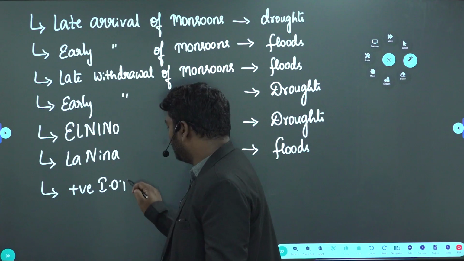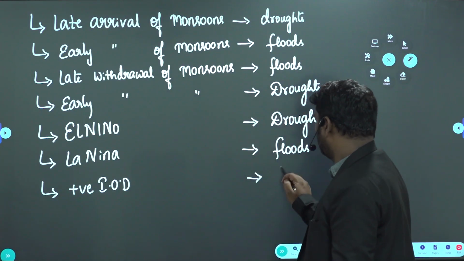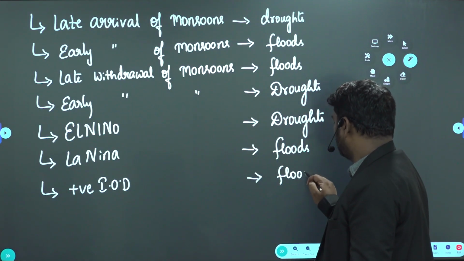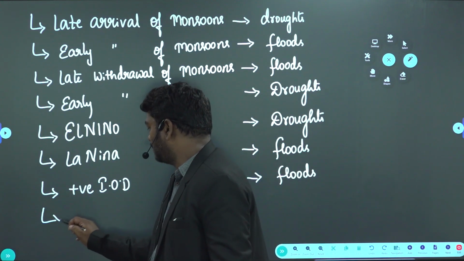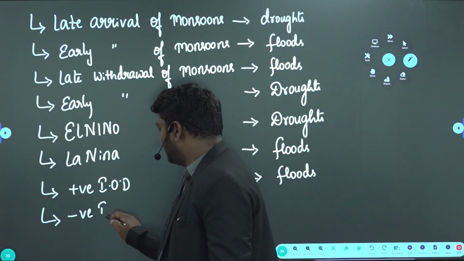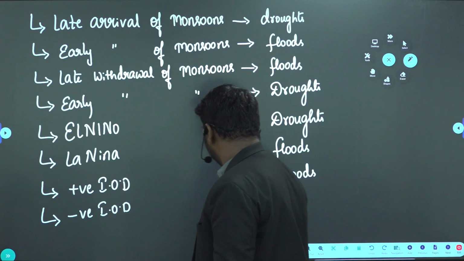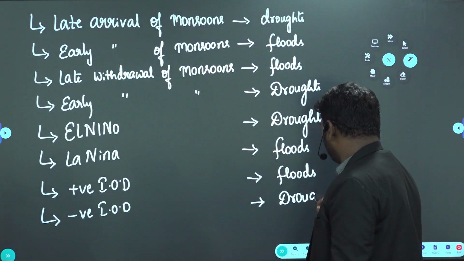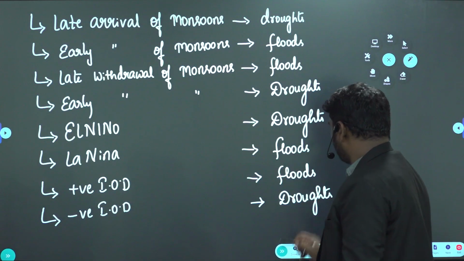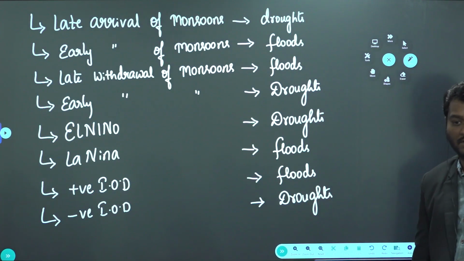Positive IOD, can you tell? Floods. Negative IOD, droughts. Fine.